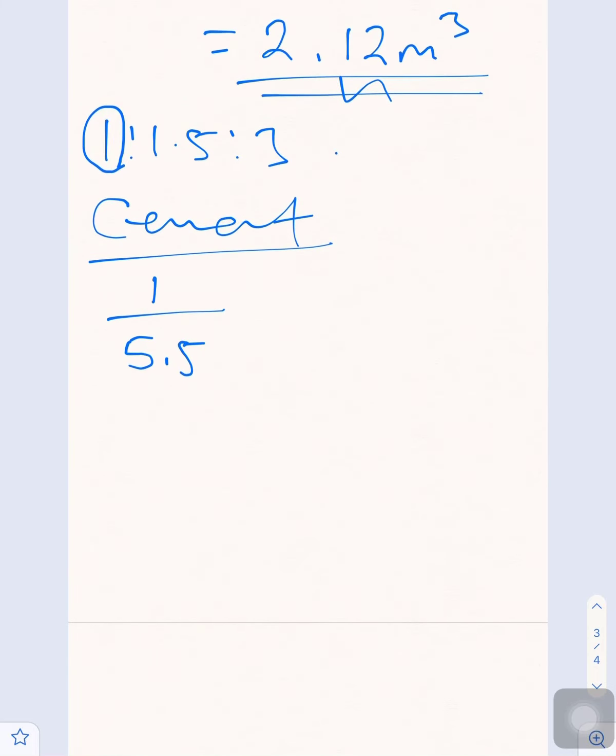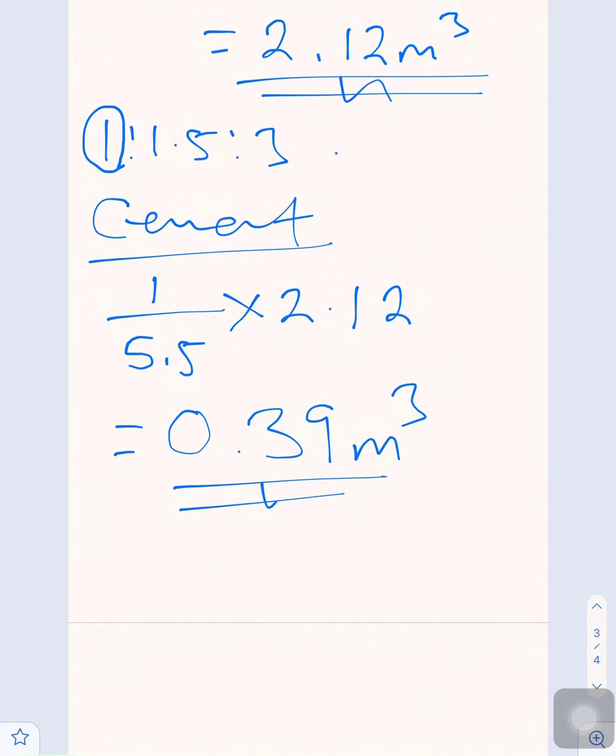1 over 5.5 multiplied by the volume that we have calculated, including the safety factor. So it would be 1 over 5.5 multiplied by 2.12. We do the math, and it gives us 0.39 cubic meters.